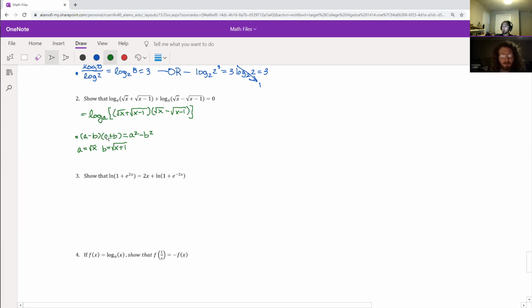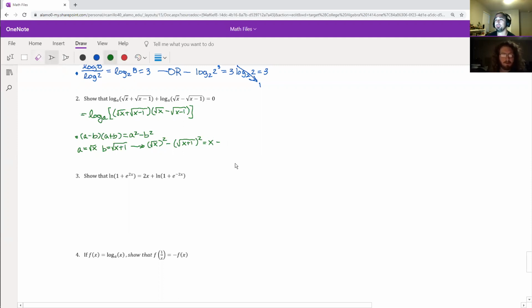So then this becomes the square root of x squared minus the square root of x plus 1 squared. And this is equal to x minus the quantity, I need an eraser.